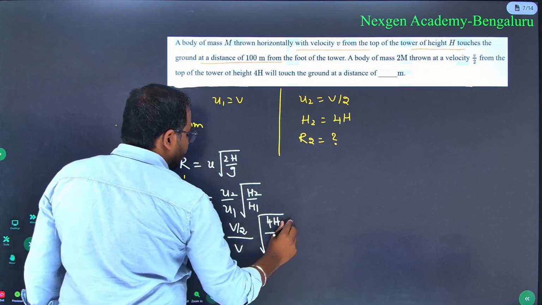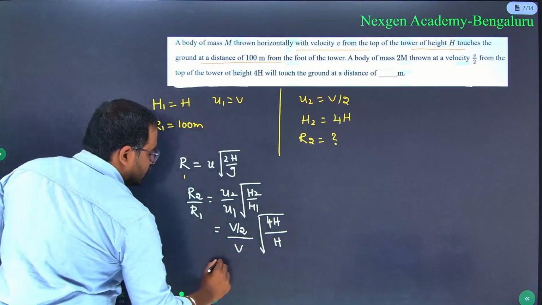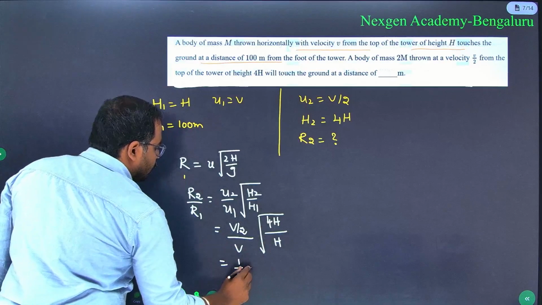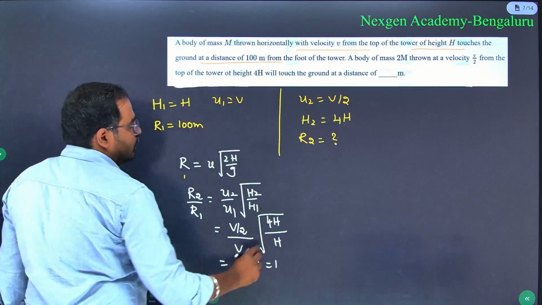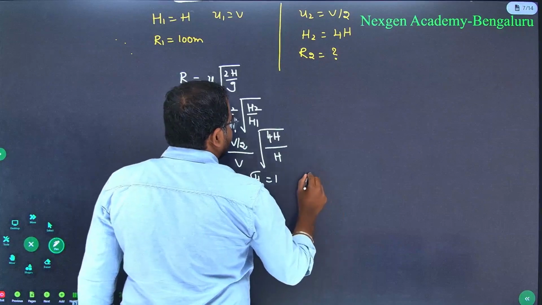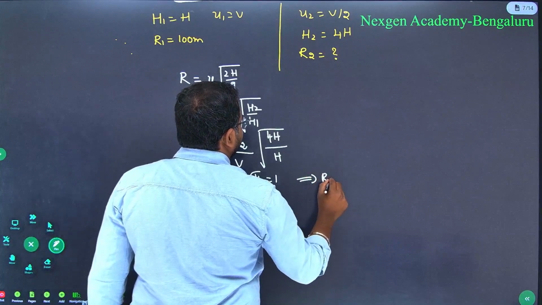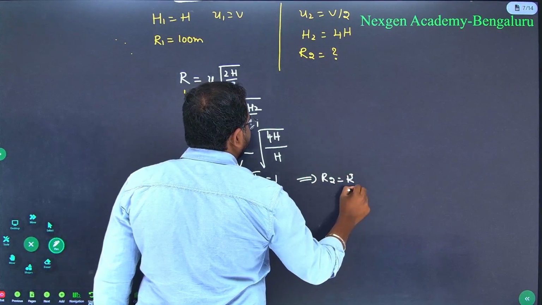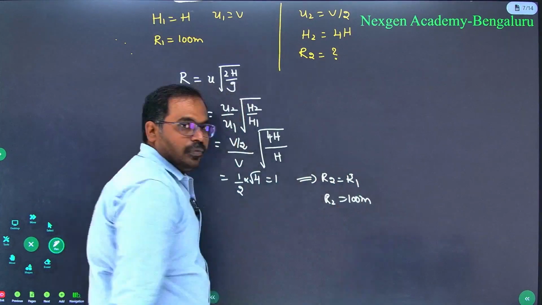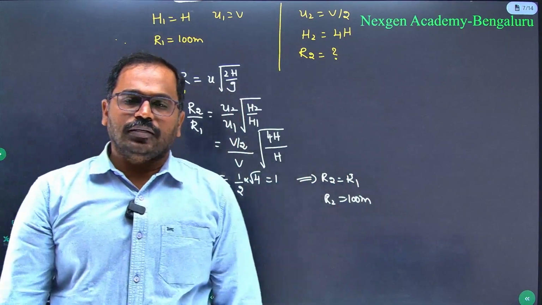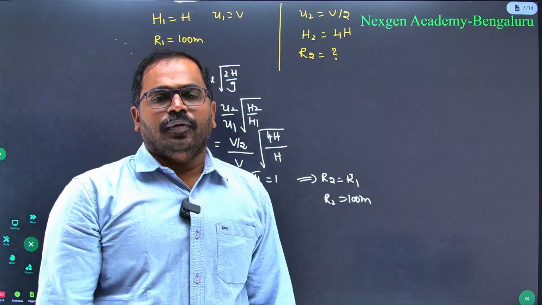So that is v and v can be cancelled out, h and h can be cancelled out. 1 by 2 into square root of 4, both can be cancelled out, it is equal to 1. Or you can write this as, that implies r2 is equal to r1, which is nothing but 100 meters. So r2 is equal to 100 meters. Okay, right? Okay, thank you.